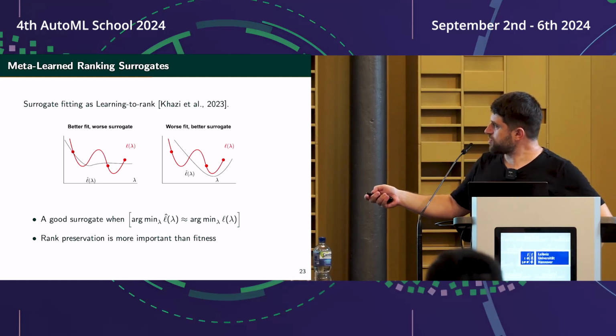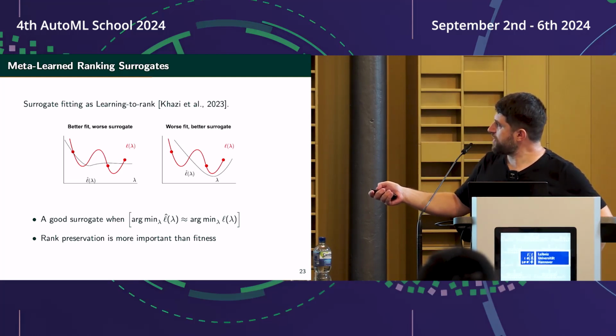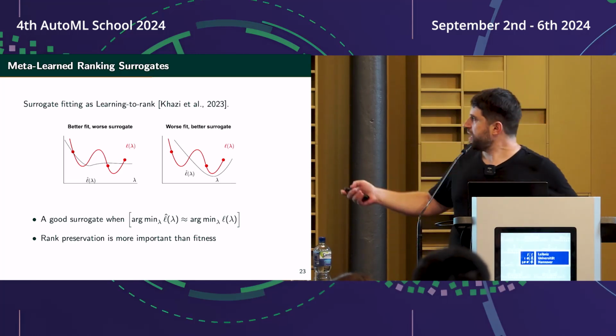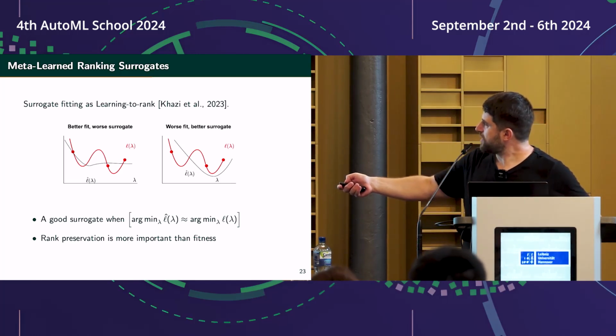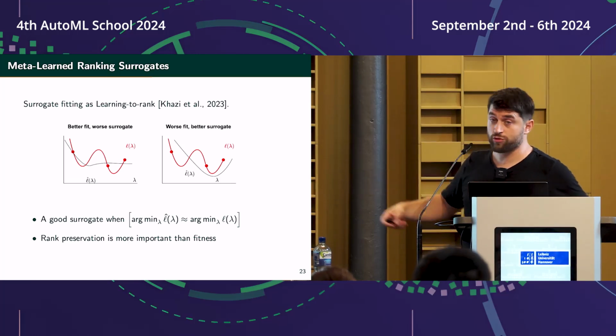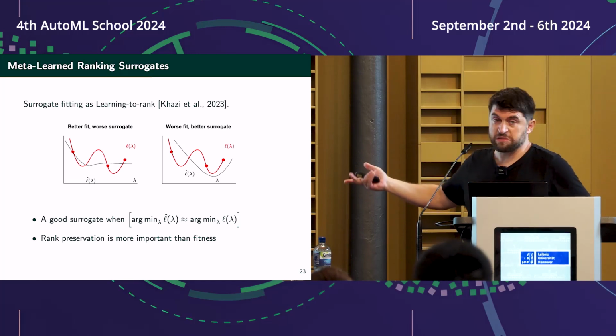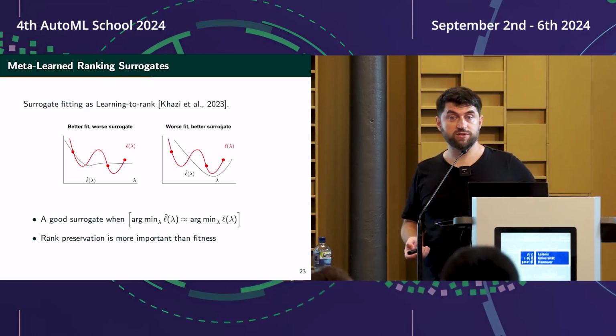cases. So you have a black box function shown in red, and you have 3 evaluations on this black box function, and I have fitted 2 performance predictors in black, one on the left and one on the right. And the one on the left actually fits more tightly to the observed data points. The one on the right doesn't fit so well to those data points that you have observed.